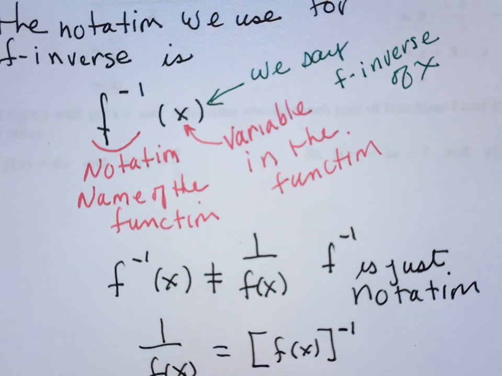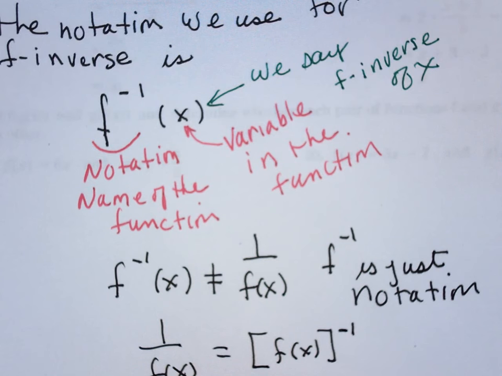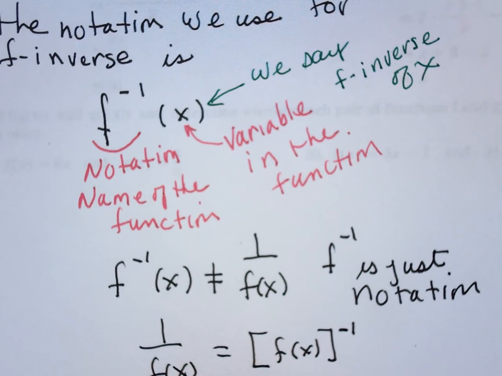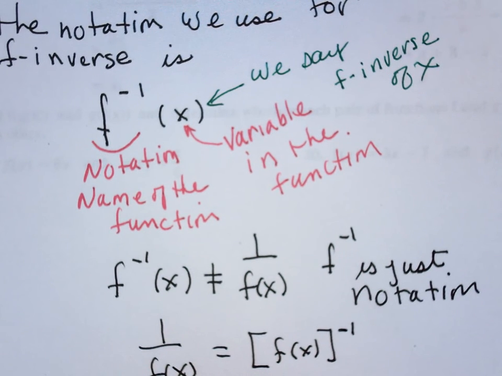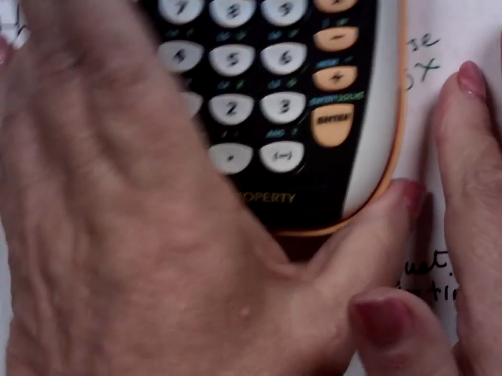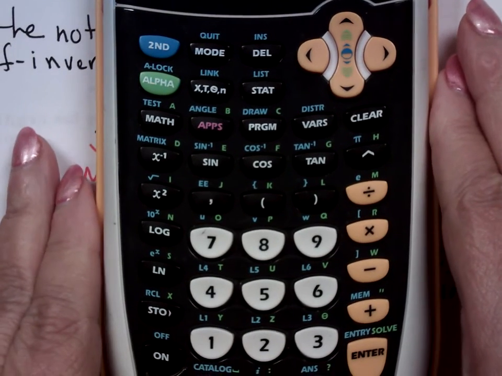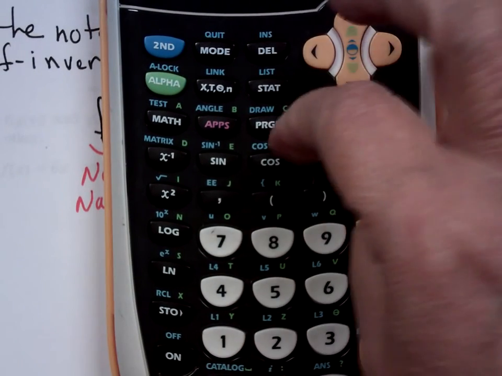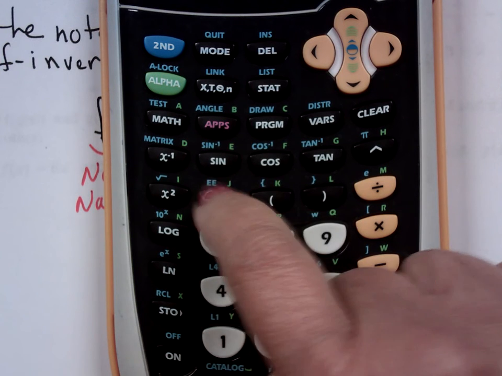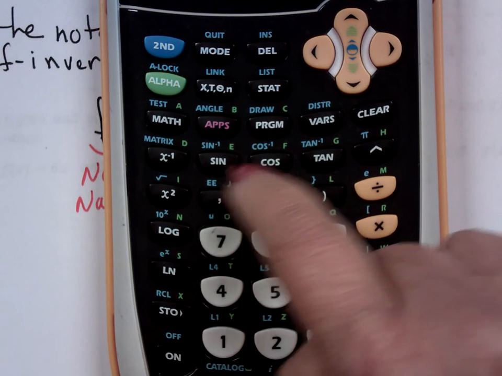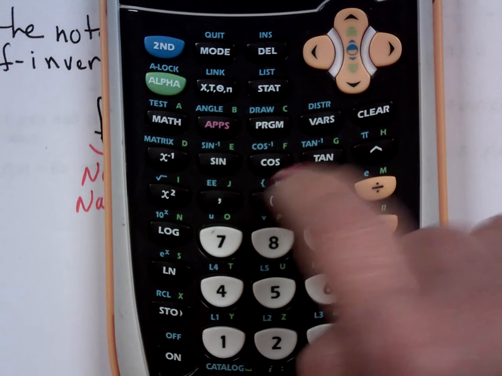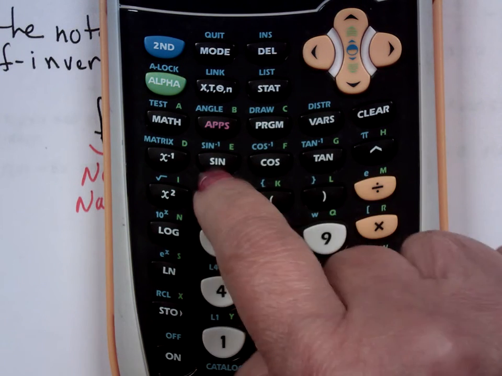Now, inverses appear on your calculator, in that, if I take a look at the face of the calculator, and it's always true of any scientific calculator, here's the key, sin, that's sine, these are trigonometric functions, cos, cosine, and tan, tangent.